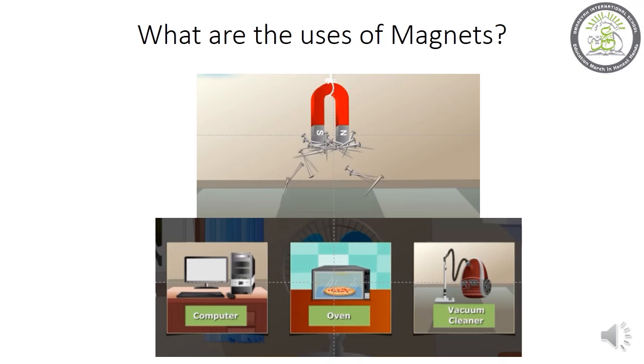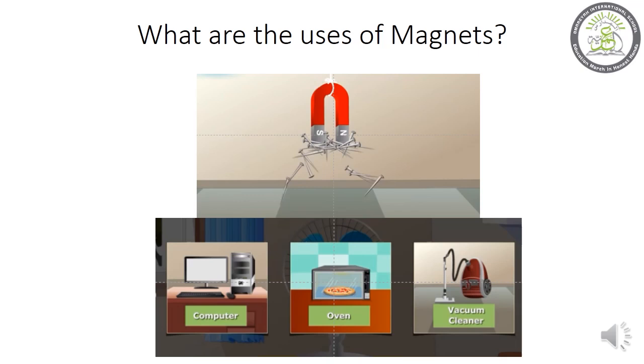Do you have speakers in your home? These are made with magnets too. Do you have a fan in your home? Electric fans use magnets to make the blades turn around. Did you know that almost every machine in your house has magnets in it?